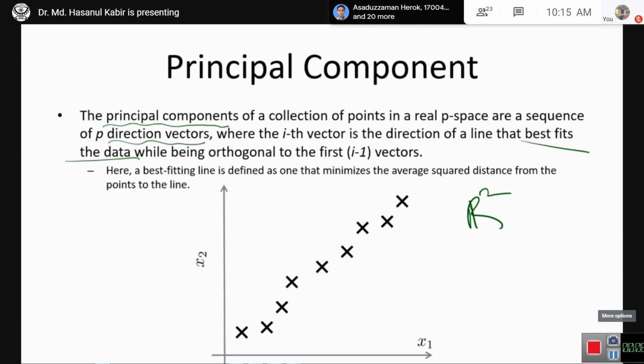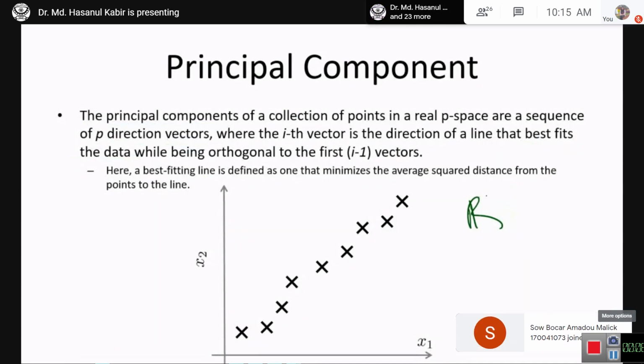So doesn't it seem similar to regression, linear regression? Yes, right? But the thing is, let's say if I generalize it for n-dimensional space, that is, you are dealing with the n-dimensional feature space. Let's say they have used this notation P, P-dimensional space.